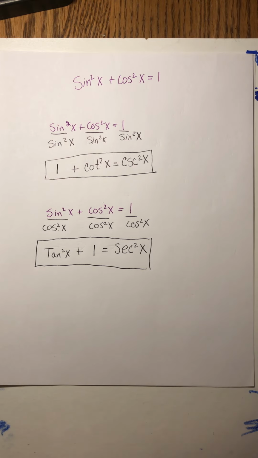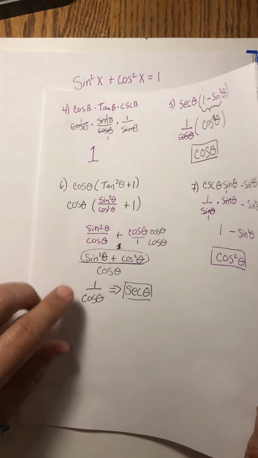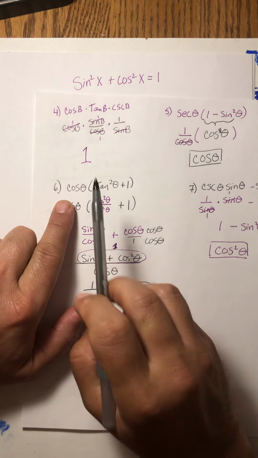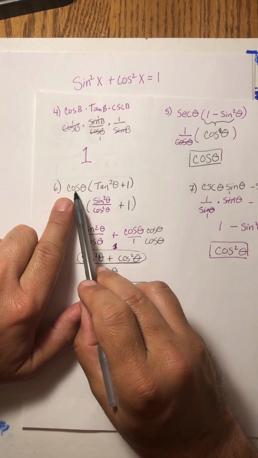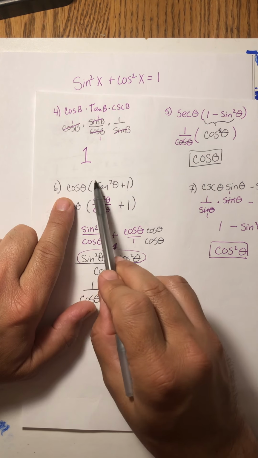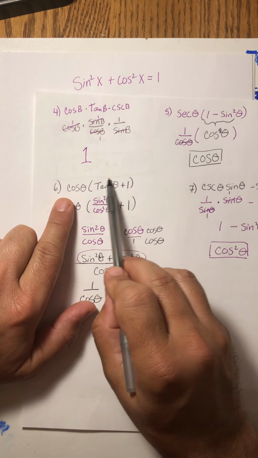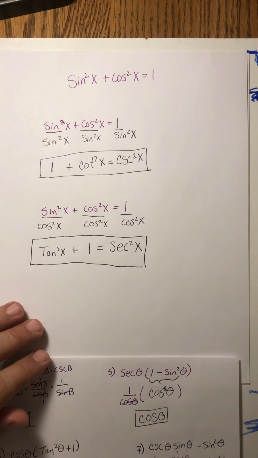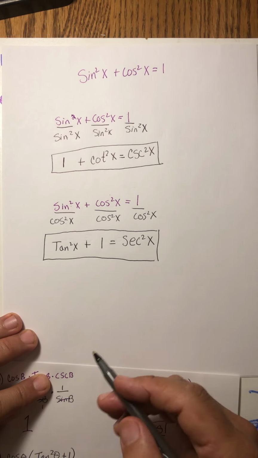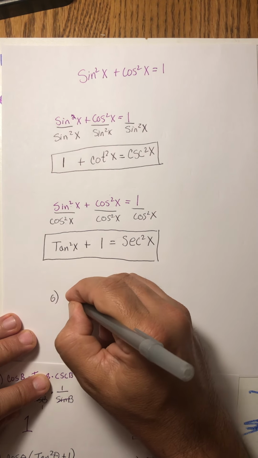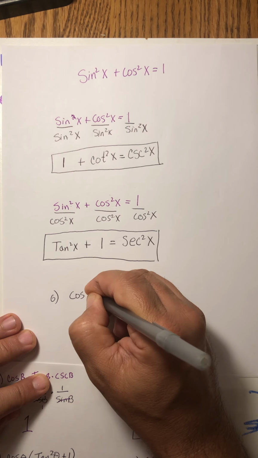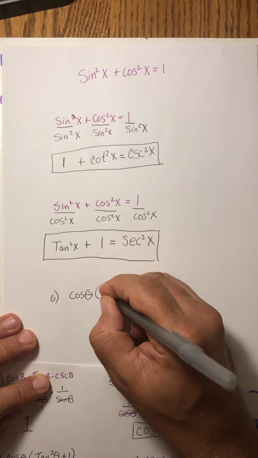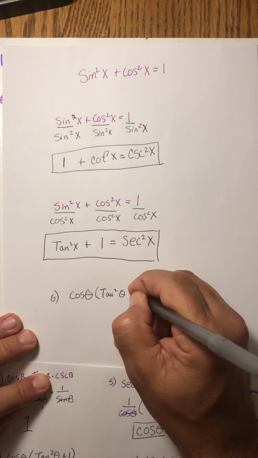Now, similar. This number 6. We did this cosine of theta times this. I'm going to rewrite it down below. So our problem number 6 was this: cosine of theta times tan squared of theta plus 1.